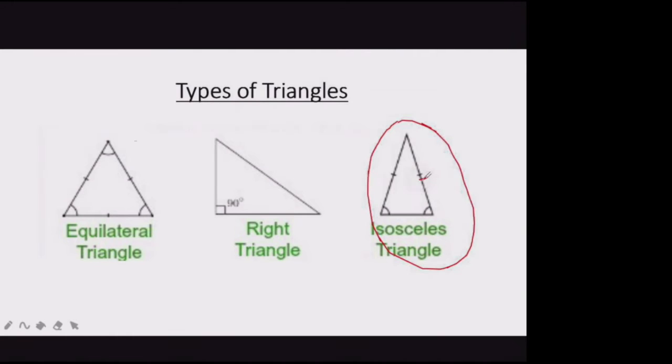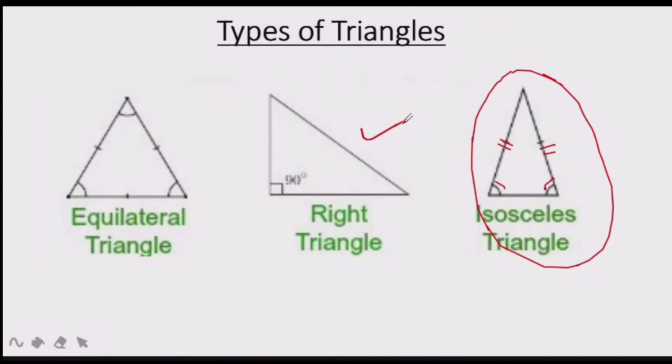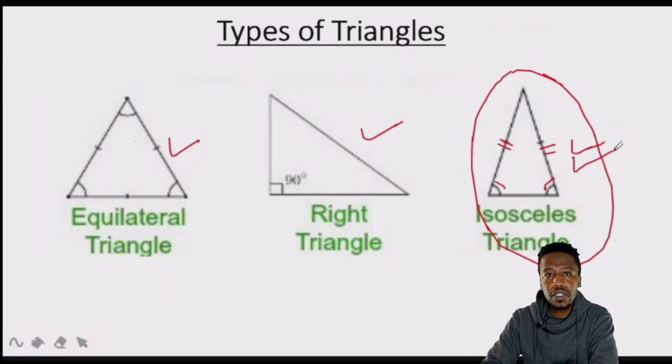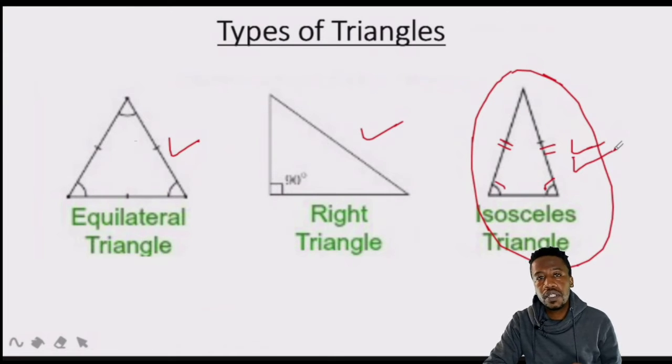If these two sides are equal, it would mean you would have equal angles. Right angle triangle would also be important. Equilateral would also be important. But the one that I need you guys to focus on is this one over here, which comes up almost 90% of the time. You would need to learn this in order to solve whatever problems you'll be dealing with in Euclidean geometry.